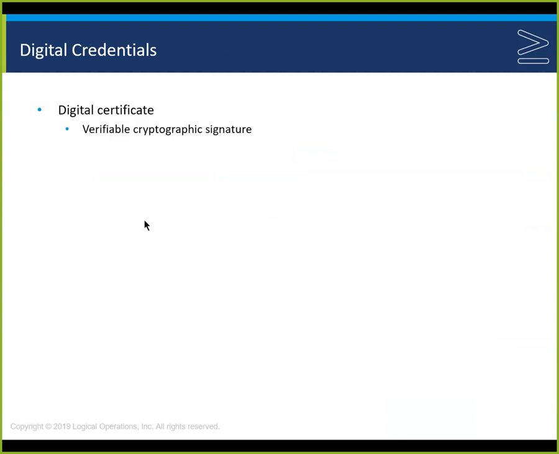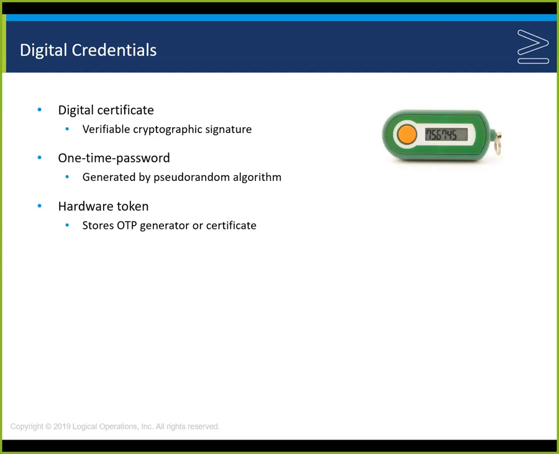Digital credentials, and we all have used them to some extent because we use a credit card, a digital credential. Verifiable cryptographic signature is what we're talking about here. Different ways to do them. A one-time password, a hardware token generated by a pseudo algorithm.